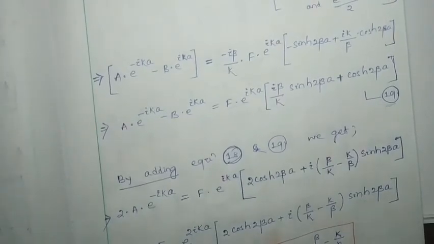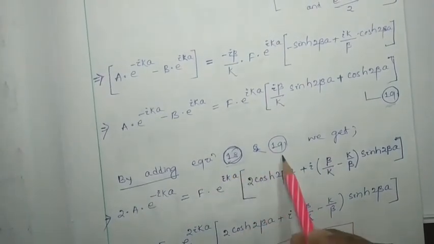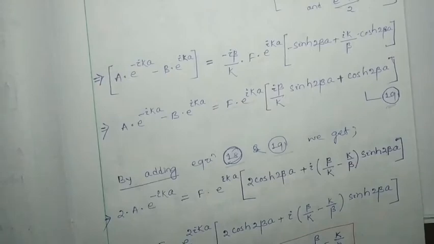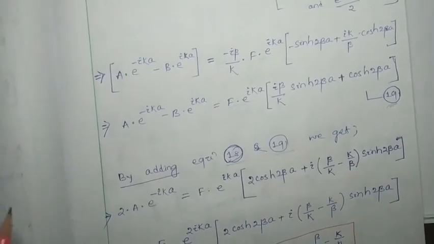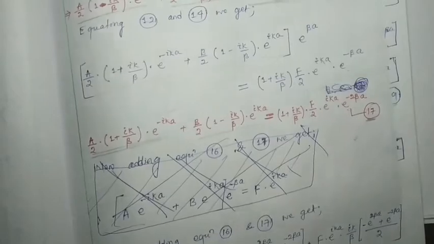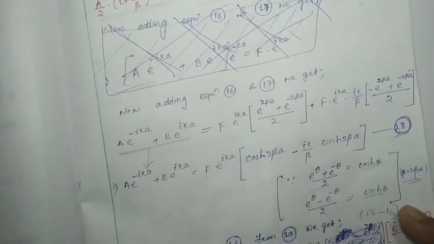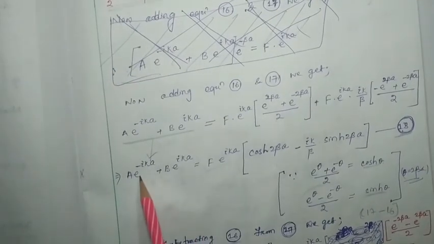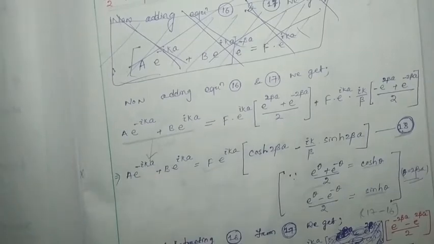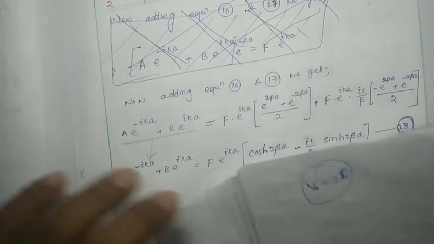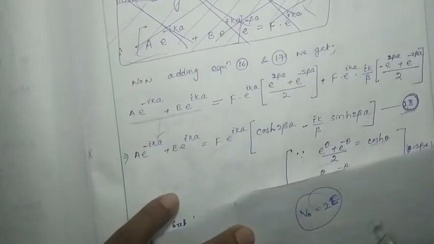Okay, now we have to add equation number 18 and 19. What are we going to get? This is your equation number 19, this is your equation number 18. See, A e to the power minus ik plus B e to the power ik, it will be better that I write it in the rough and we discuss it in the next page.